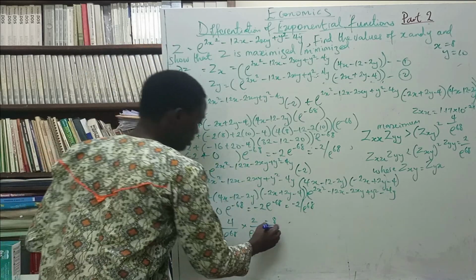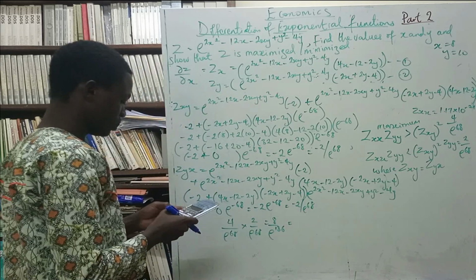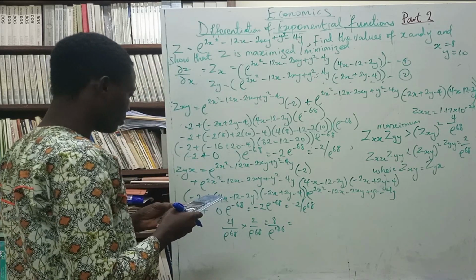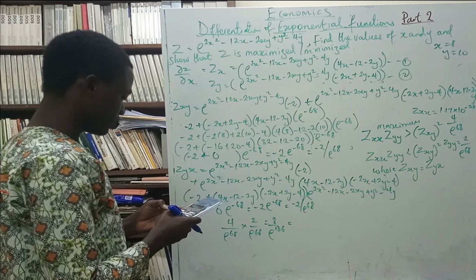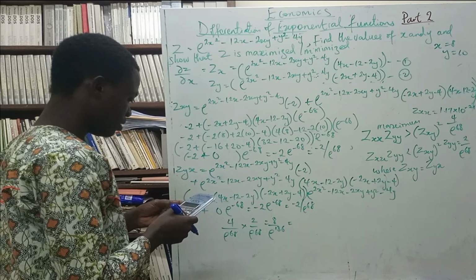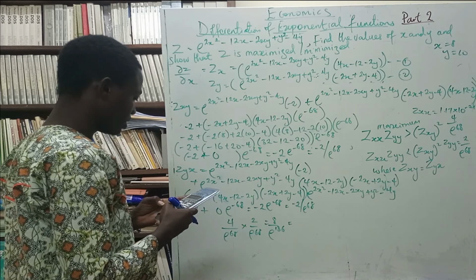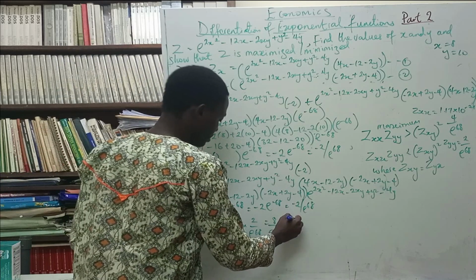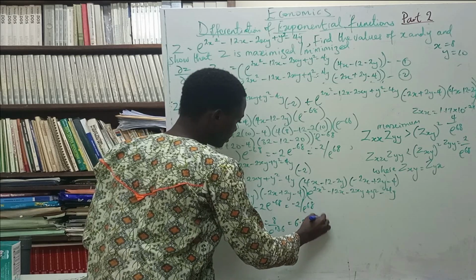So 8 divided by e raised by 136 is 6.9 times 10 raised by minus 59.